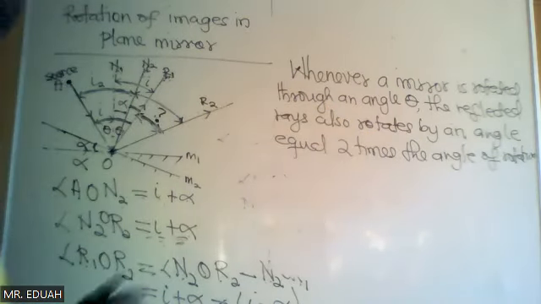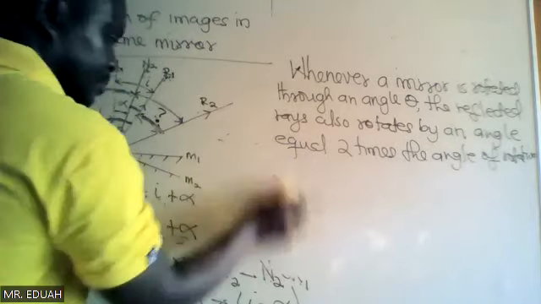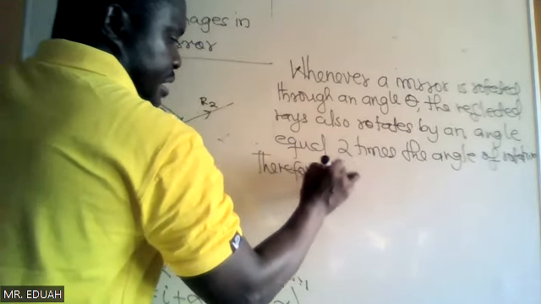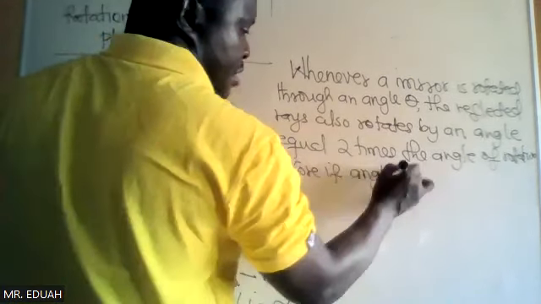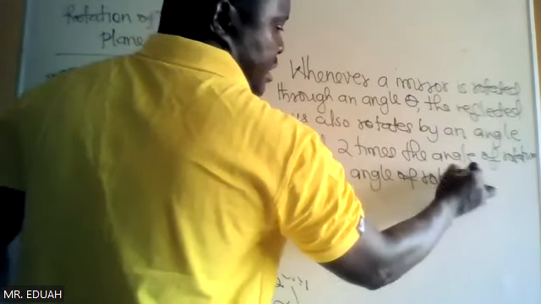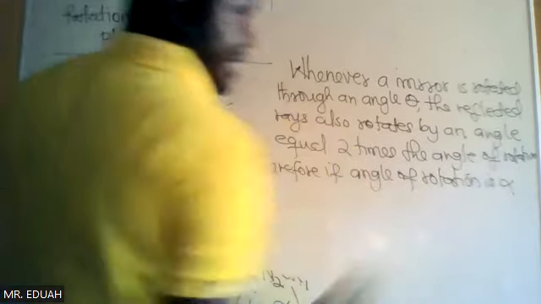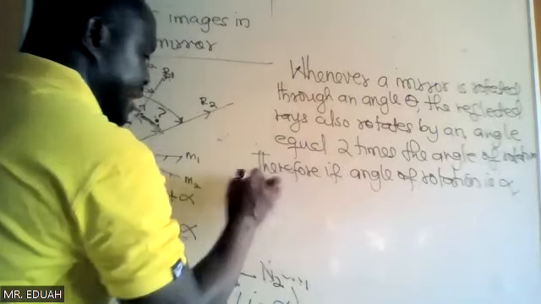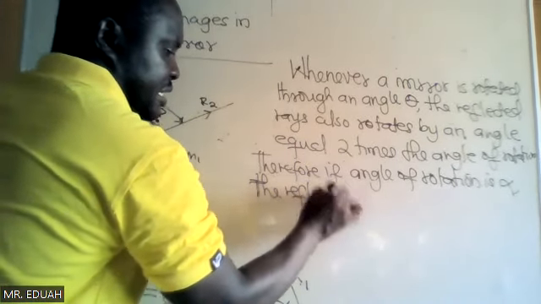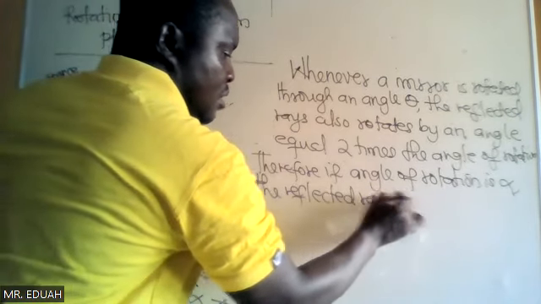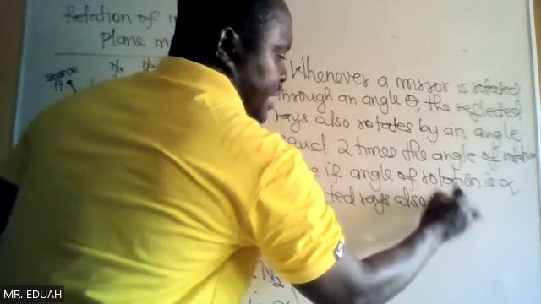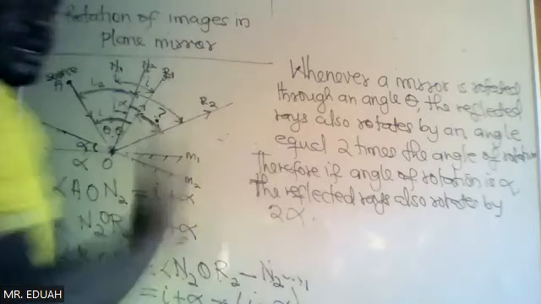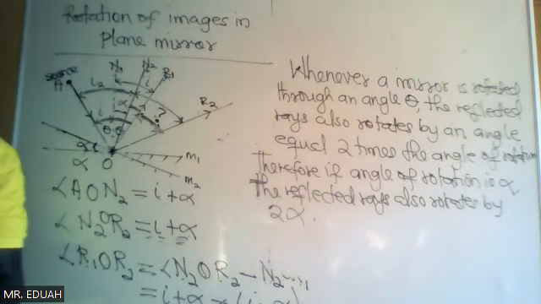So if the angle of rotation is alpha, the reflected rays also rotate by 2 times alpha. That's the concept I'm developing.